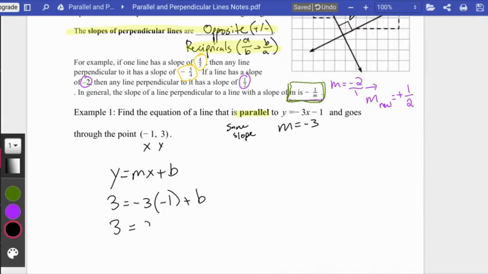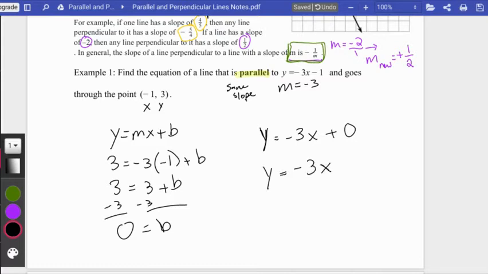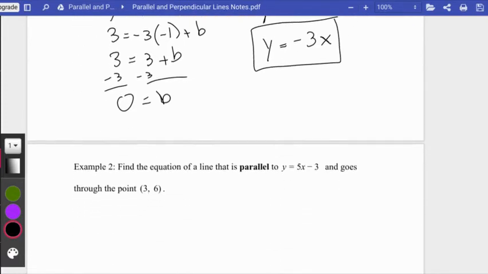We find that our y-intercept is 0, which is totally okay. Our final equation will only have our slope and our y-intercept. I could say -3x plus 0, but adding 0 is the same as not adding anything at all, so I'm going to leave it like that.